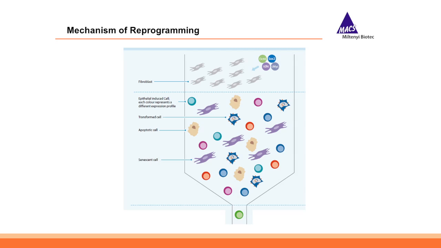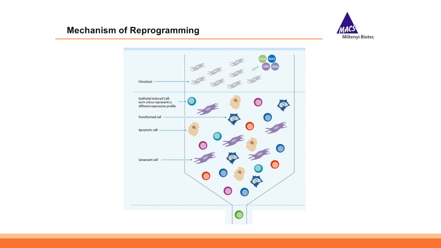How this reprogramming process works in detail is not completely unraveled today, but here I want to make it a little bit clearer. At the top of the picture, the whole story begins with the application of the 4 transcription factors OCT4, SOX2, KLF4 and c-MYC. This destabilizes the somatic cells, in this case fibroblasts, and then chaos is occurring. A lot of cells begin to do things which we don't want them to do.